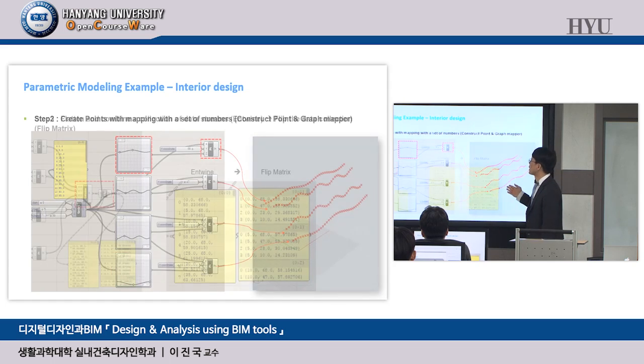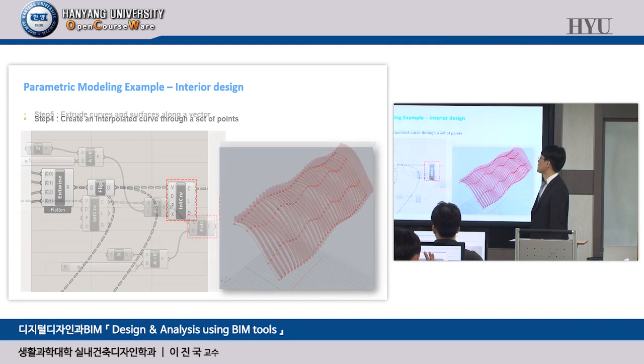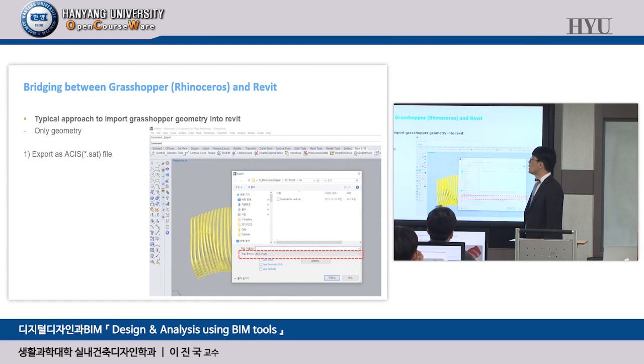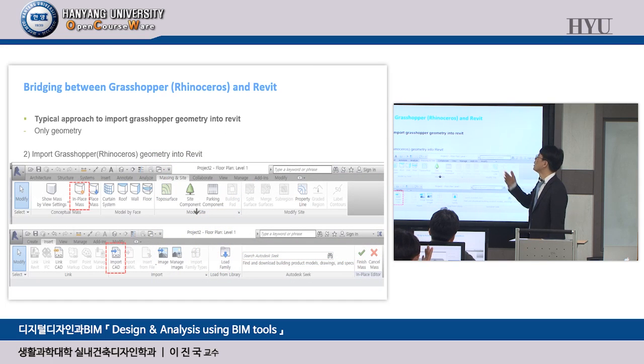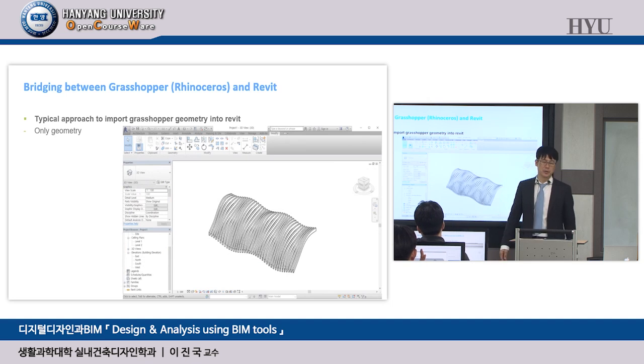That's the fundamental mechanism of this kind of visual language and tool. In this case, that's Grasshopper, okay? So this Grasshopper output can be exported to any geometric file at this time, SAT file, whatever, and then placed into Revit as a dummy geometry. That is not editable, okay?